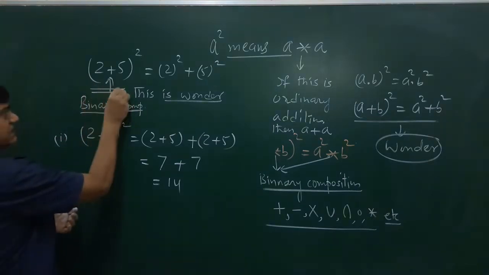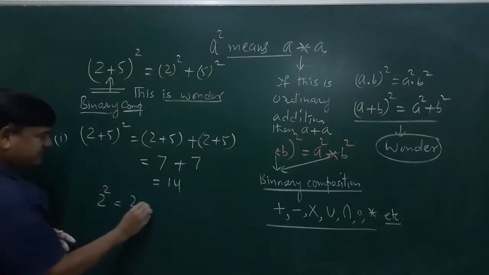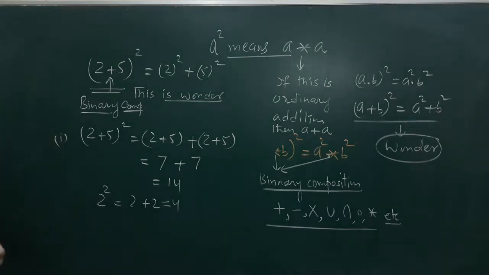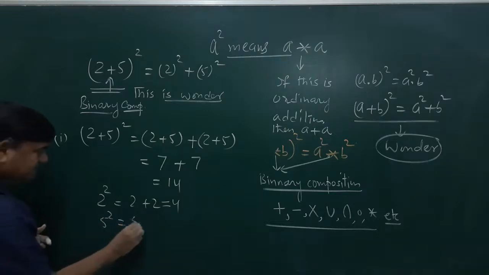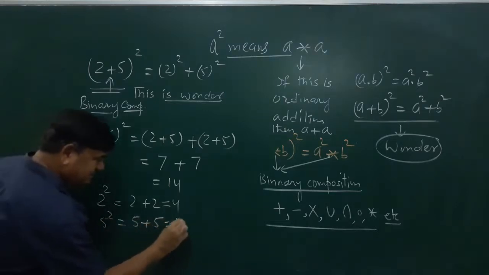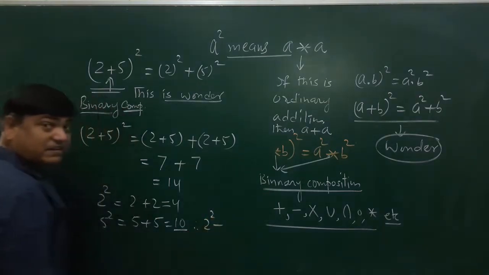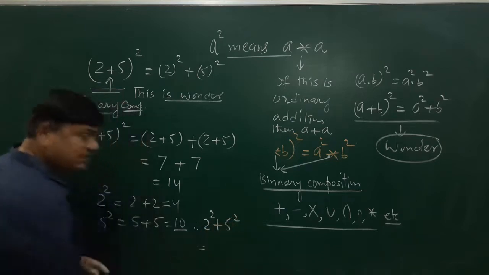First part. What is the meaning of 2 square? That is 4. This is the number in which 2 into 2 is 4 and 2 plus 2 is 4, but it is not so in the case of other numbers like 5. Therefore, 2 square plus 5 square: what is the answer?